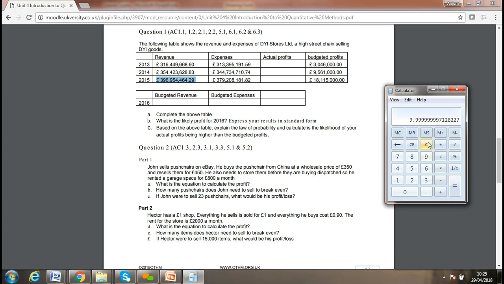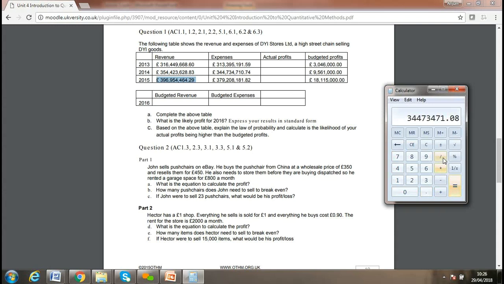Let's do the next year. So now 2015 and 14 comparison. The 2015 figure minus 344,737.74.